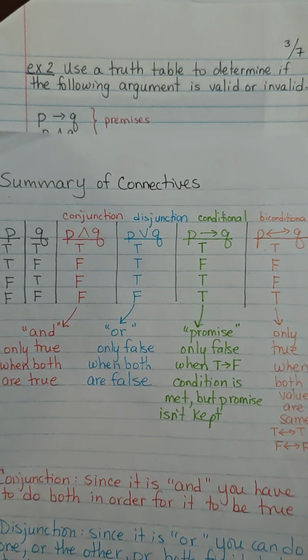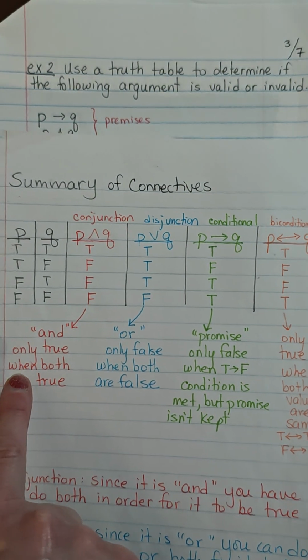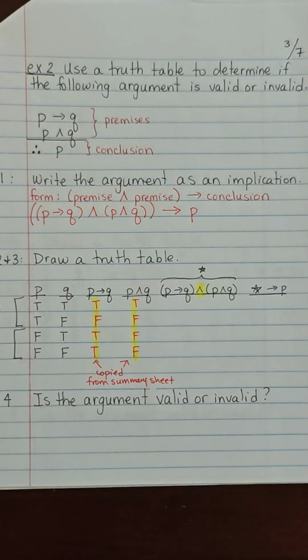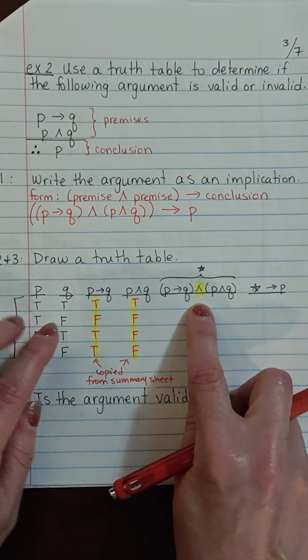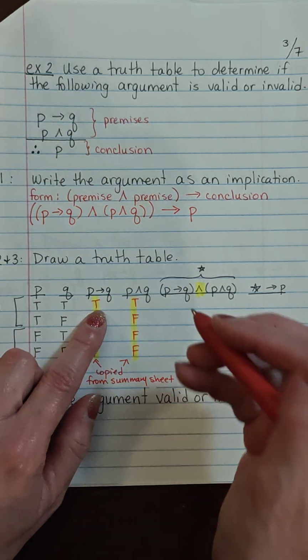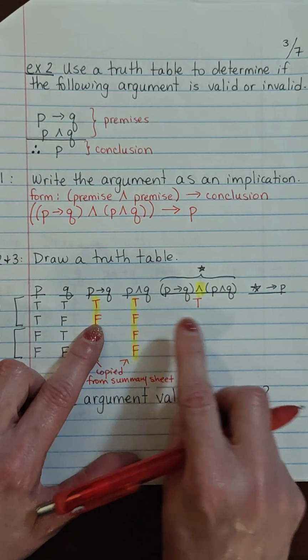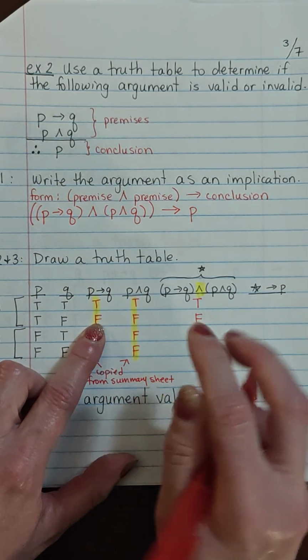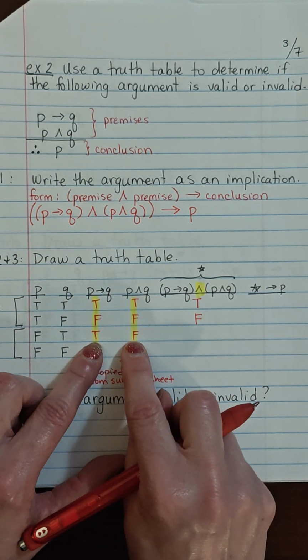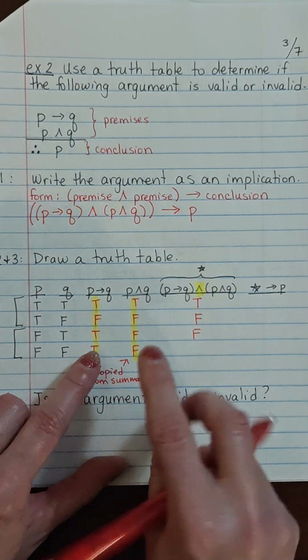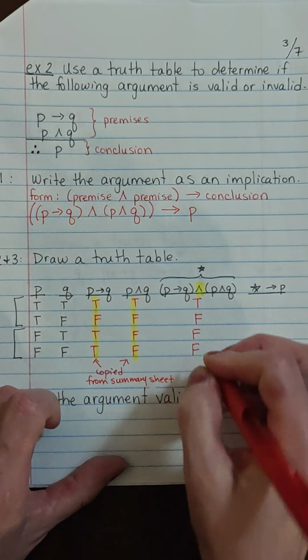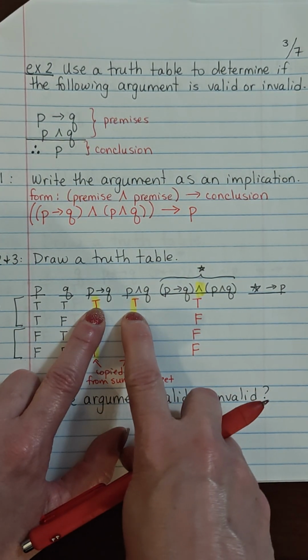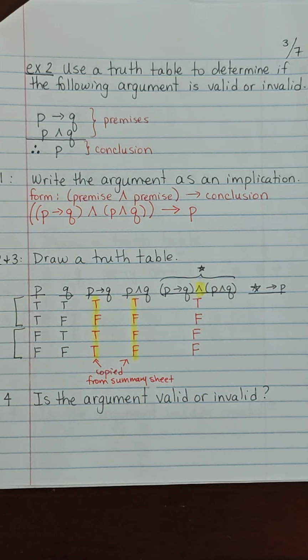I come back over here. My and is only true when both are true. This is only true when both of these are true. Both of these are not true, both of those are not true. So only when both of them are true is when that's true.